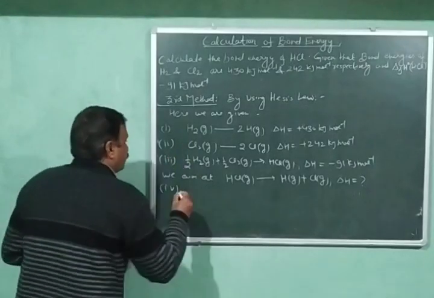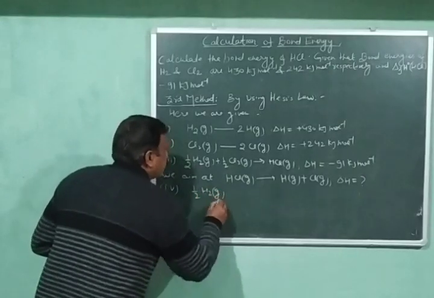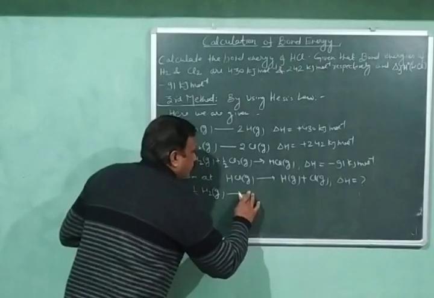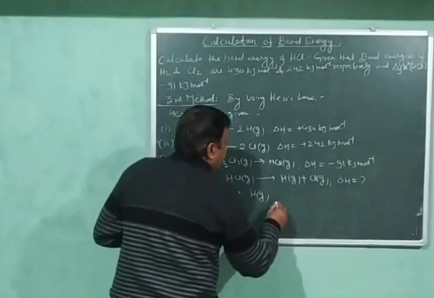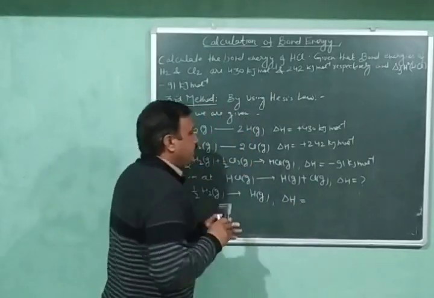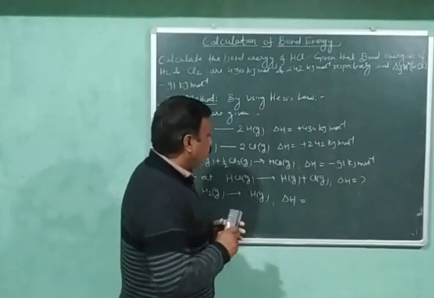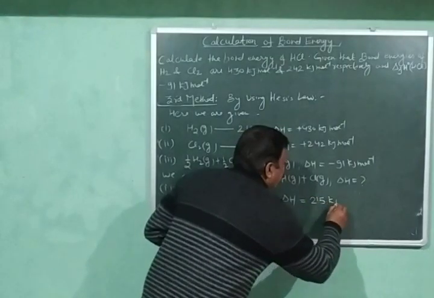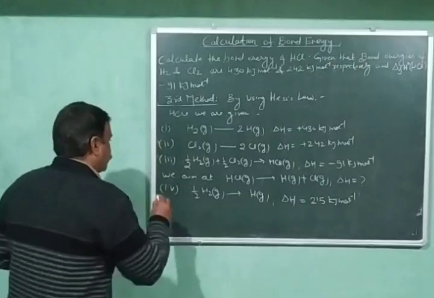So after multiplication I will have half H2 gaseous equal to 1 mole of hydrogen atoms, and as I have explained we will have to multiply the delta H of this reaction also by half. Then we will be having delta H equal to 215 kilojoule per mole, and this is equation number 4.